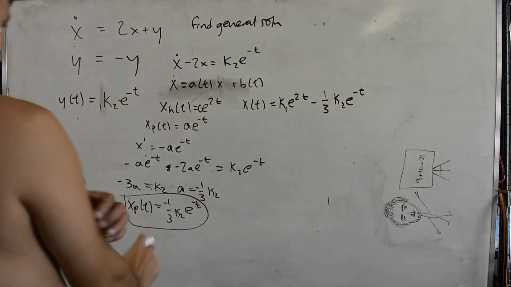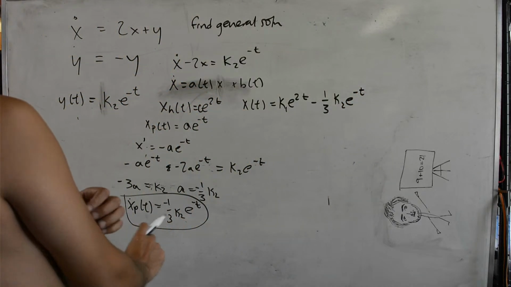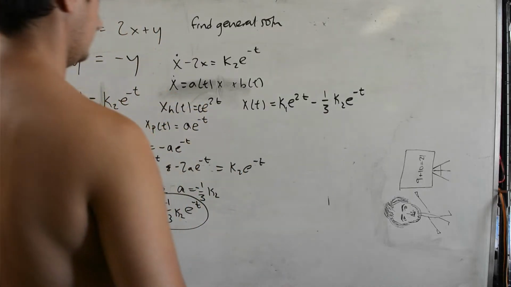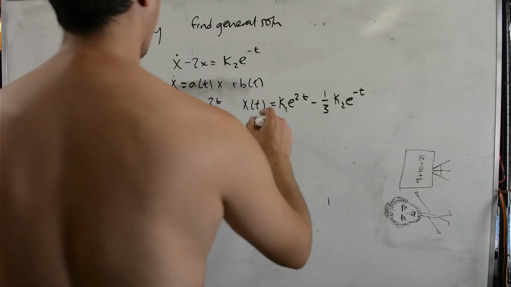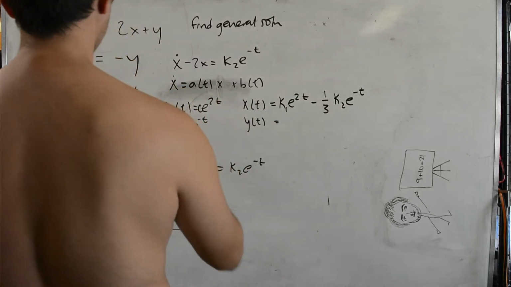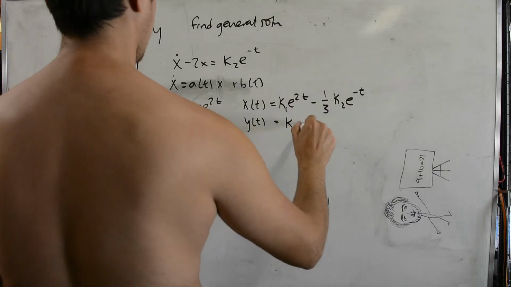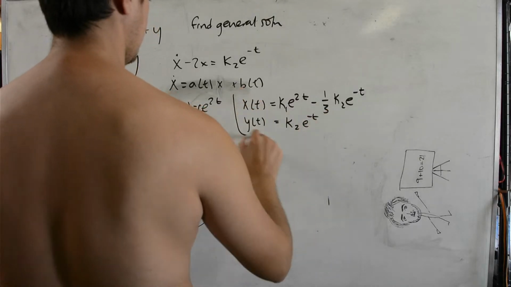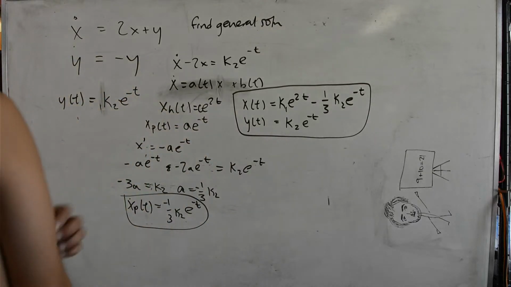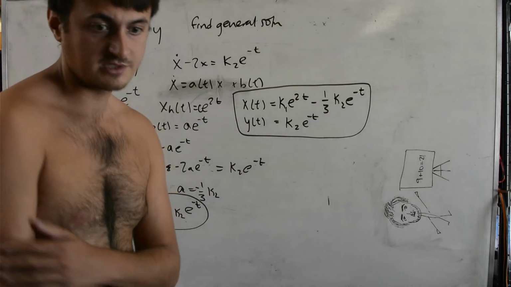But that's, oh wait, let me do this. No, I think that's right. And then y of t is equal to k2 e to the minus t. And then that should be the general solution to the equation.